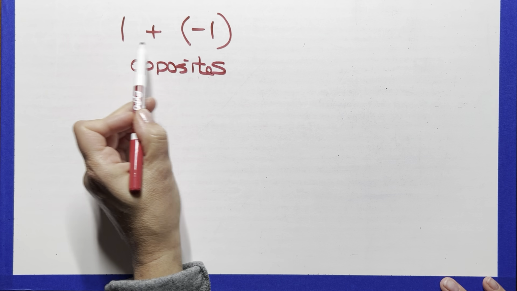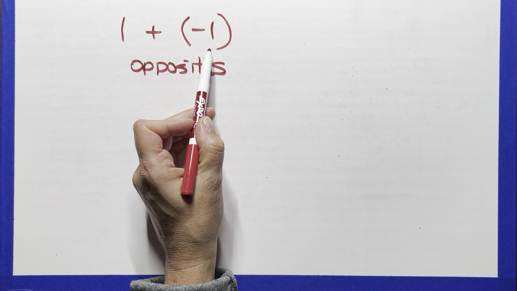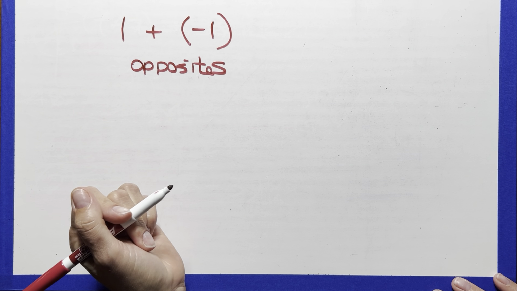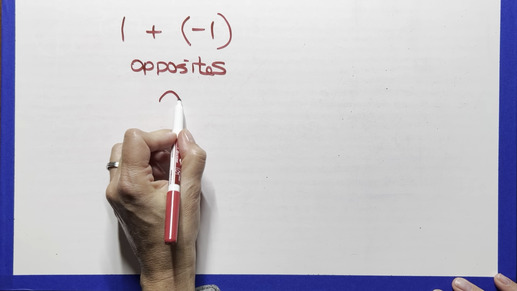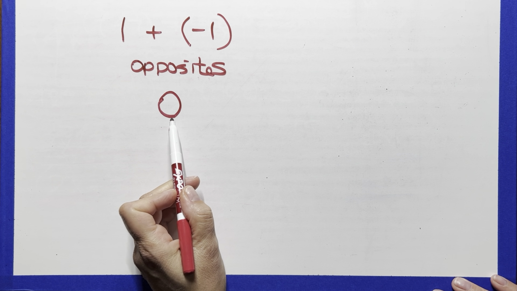So when I have two numbers that are opposites, a positive 1 and a negative 1, or a positive 12 and a negative 12, they cancel each other out. It's like a balancing act. So whenever I add two opposites, my answer is always going to be 0.